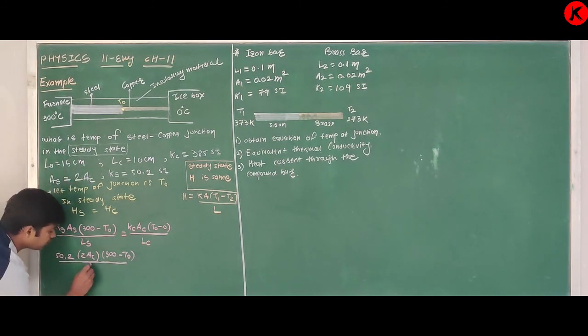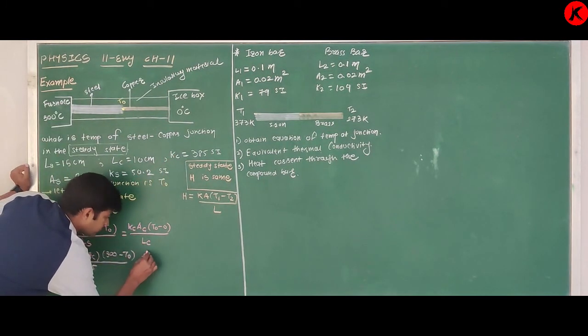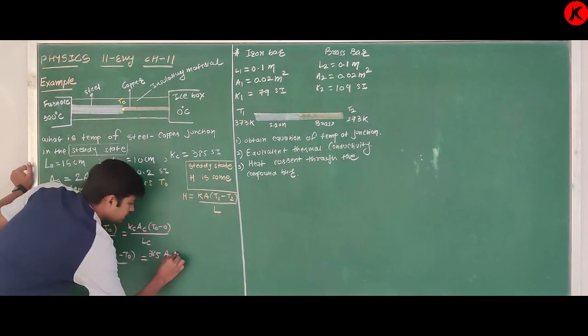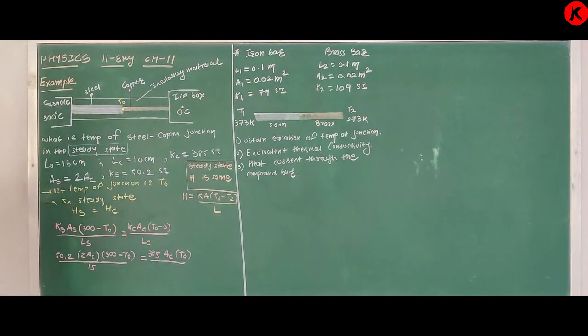LS is 15, equal to KC, which is 385, AC as it is, T0 divided by LC. LC here is 10.